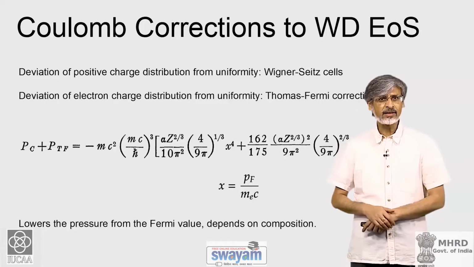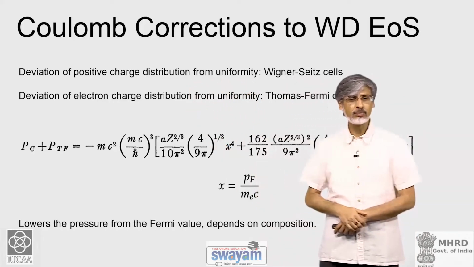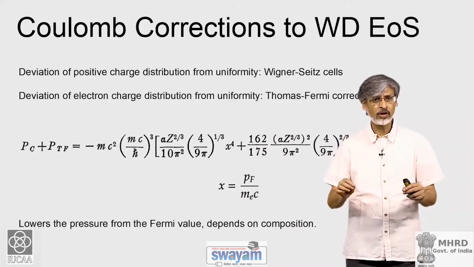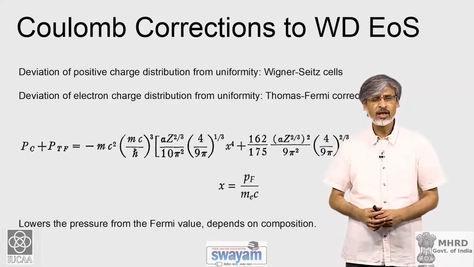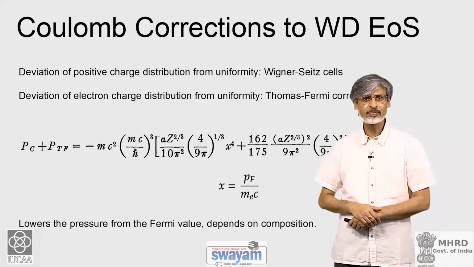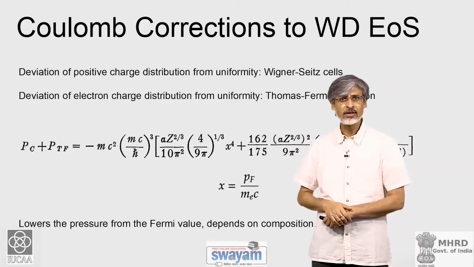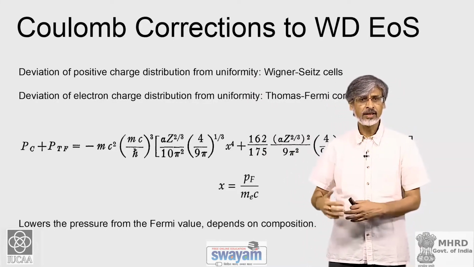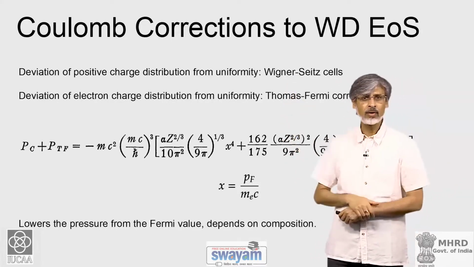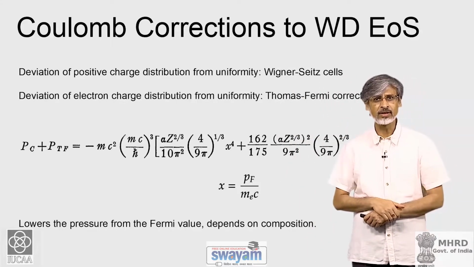So, the positive charge distribution is not entirely uniform, but is more like a sequence of point charges, the ions, arranged in some kind of lattice or semi-lattice structure. That creates a residual Coulomb interaction with the electrons and changes the value of the pressure a bit, and this can be computed from the Wigner-Seitz cell formalism, which is a common formalism in condensed matter physics.